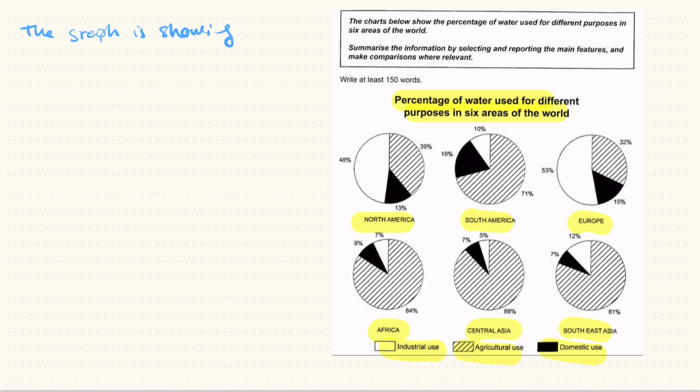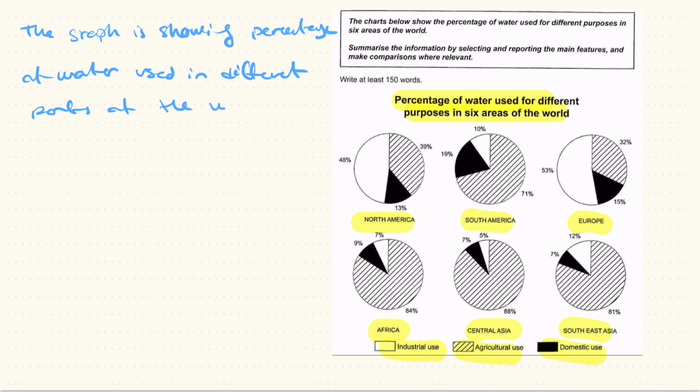The graph is showing, you can directly steal from the title, percentage of water used in different parts of the world for these use cases.